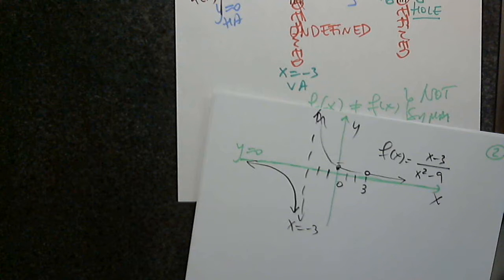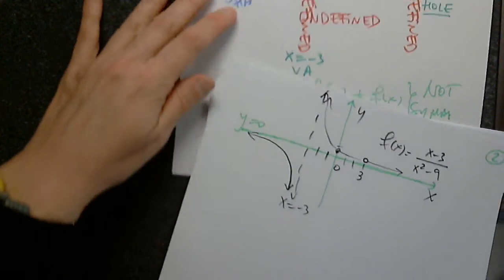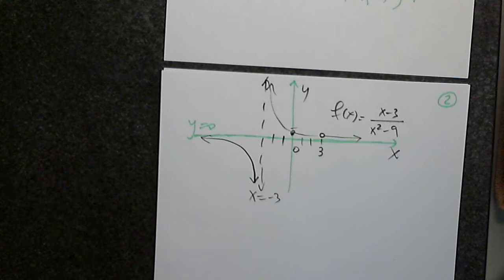So the function may have a blip in the graph, yeah. It was a very good question. I wanted to show that to you.